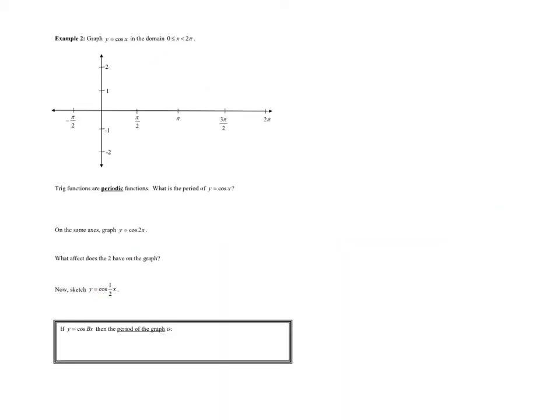So let's take a look at what happens if we change another part of the parent function. This time let's start with the cosine of x. So again, if I start with my t-chart and my 5 critical points, so 0, pi over 2, pi, 3 pi over 2, and 2 pi.